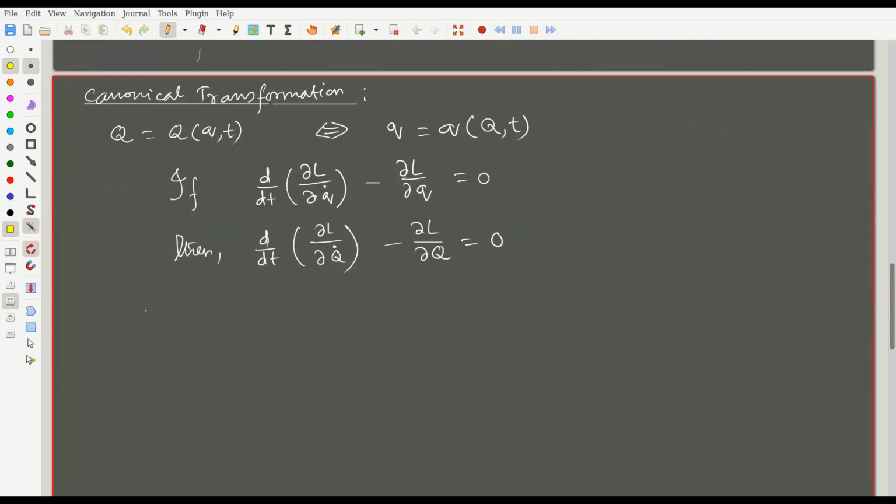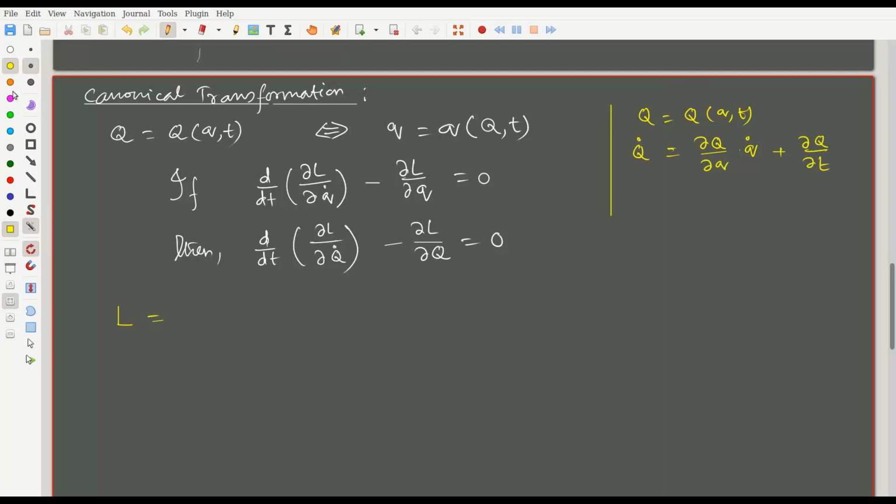First you tried to evaluate d/dt of ∂L/∂q̇. Now, Q is a function of q and t, then Q̇ would be ∂Q/∂q times q̇ plus ∂Q/∂t, right?